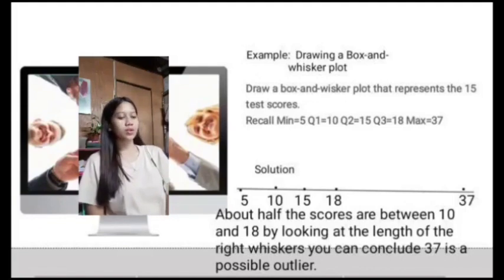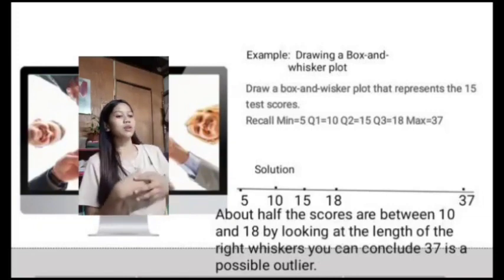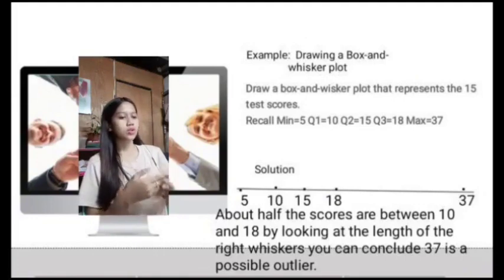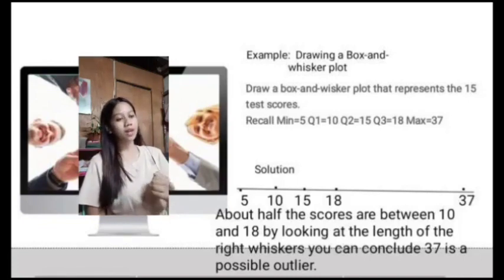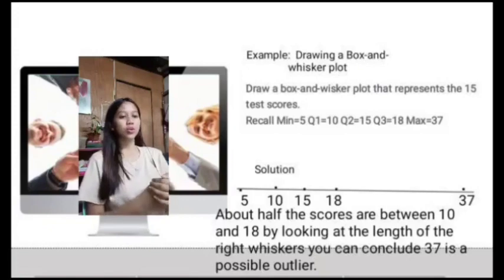Looking at the data set, it starts from 5, and the maximum value is 37. So here the five numbers are minimum 5, maximum 37, Q2 was 15, Q3 was 18, and Q1 was 10.